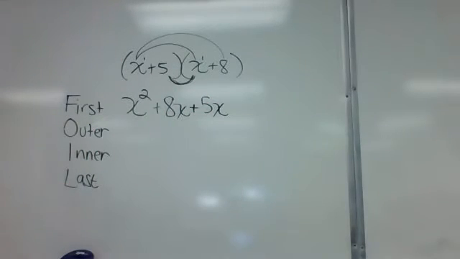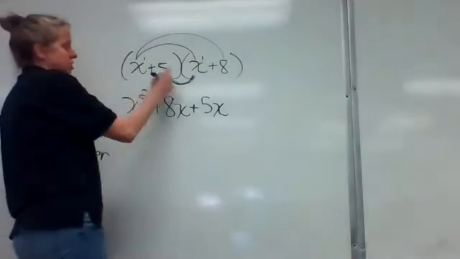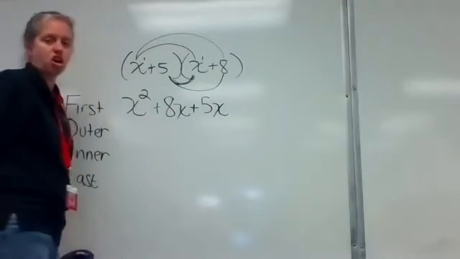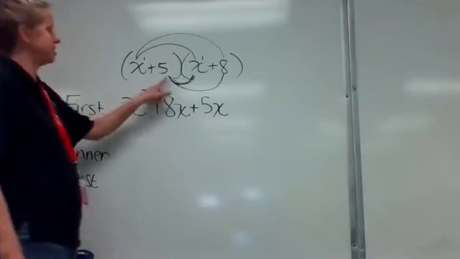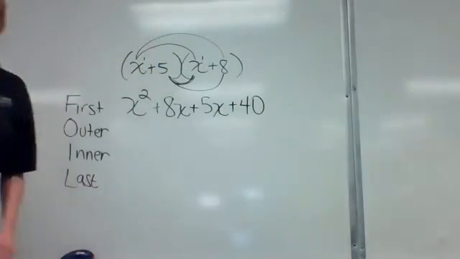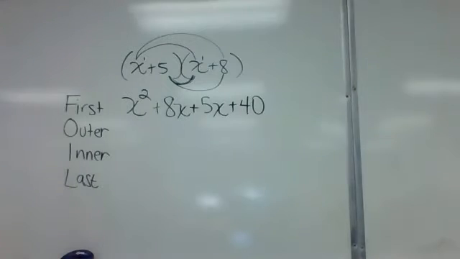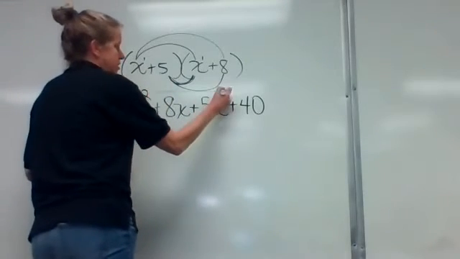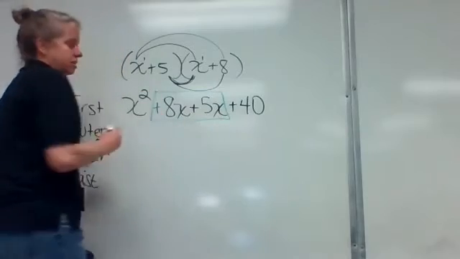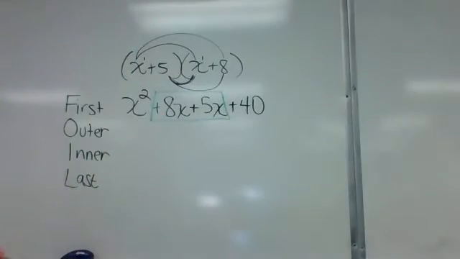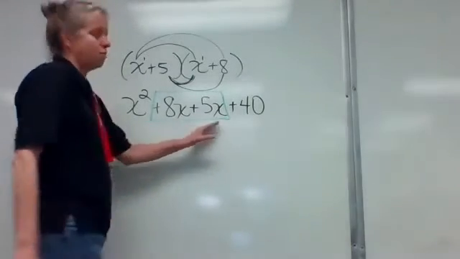And then last means the last term of this parenthesis times the last term of the other parenthesis. So I've got positive 5 times positive 8, which is positive 40. Now, remember, almost always when you FOIL, you're going to end up with those two middle terms being like terms, which means they need to be in the same basket, right?